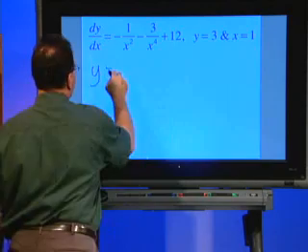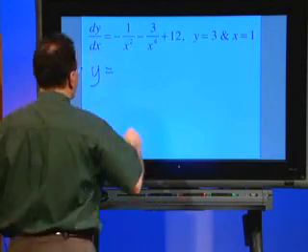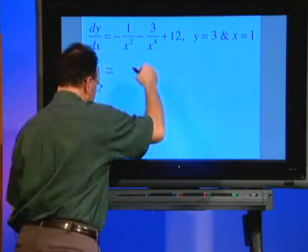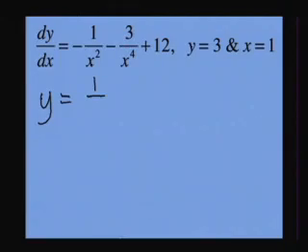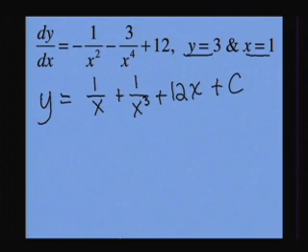Again, y is going to be equal to -1 over x squared. In terms of anti-differentiating it is 1 over x, plus 1 over x cubed plus 12x plus c. And again, we substitute in 3 for y and 1 for x.